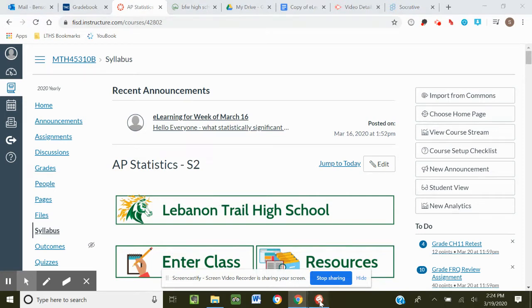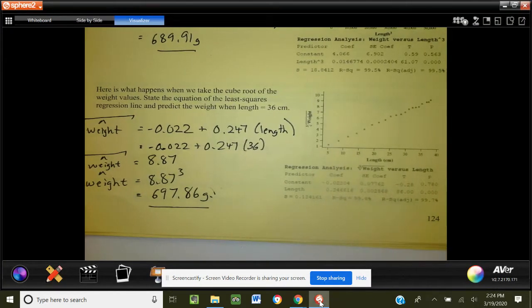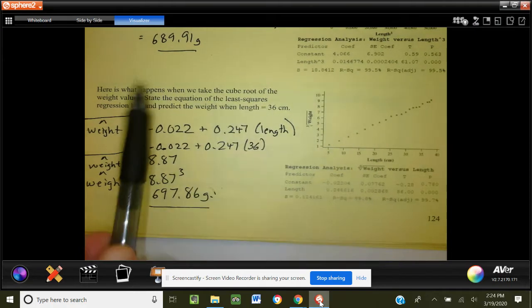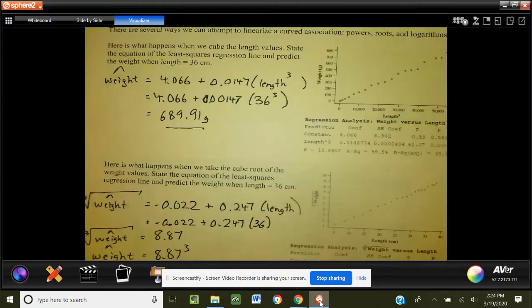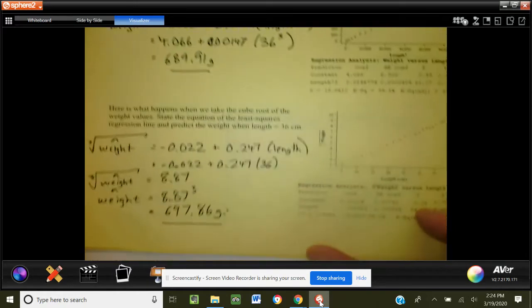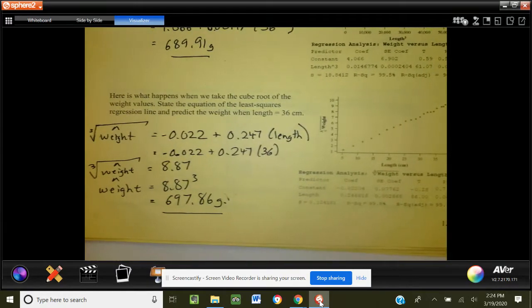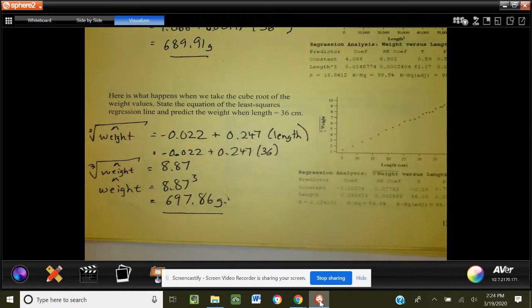All right. Okay, so let's go back to this example that we just talked about. So again, here we straightened this association one way by doing y equals x cubed. Here we did it a very similar way using the cube root of y versus x. Got a little bit better association, a little bit stronger association.